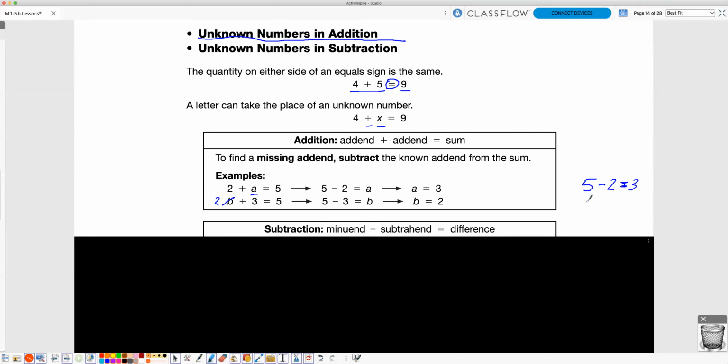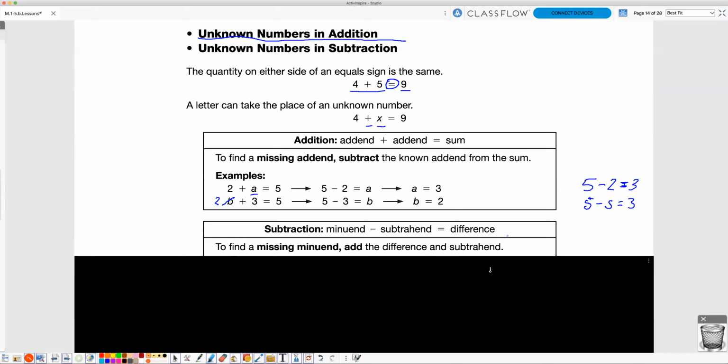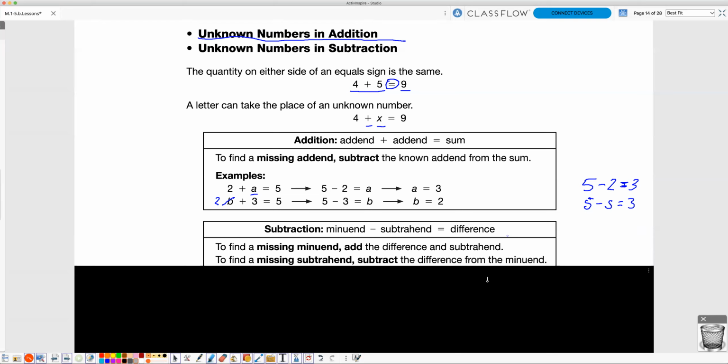Let's say, for example, you're missing the subtrahend, let's say it's s, equals 3. You just have to realize that in that case, finding the missing subtrahend, you would subtract the difference from the minuend.